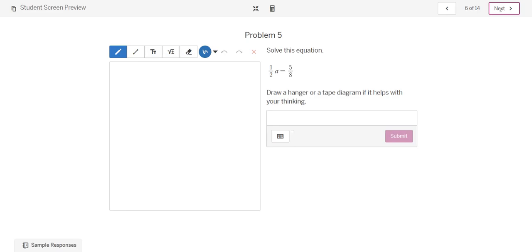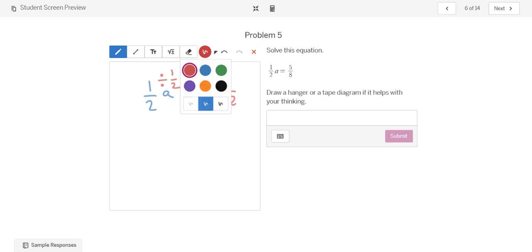Next. This one's a weird one. So they're multiplying by 1/2, and so technically I would be dividing by 1/2 to get rid of that. But as we've learned earlier, dividing by 1/2 is the same as multiplying by its reciprocal.